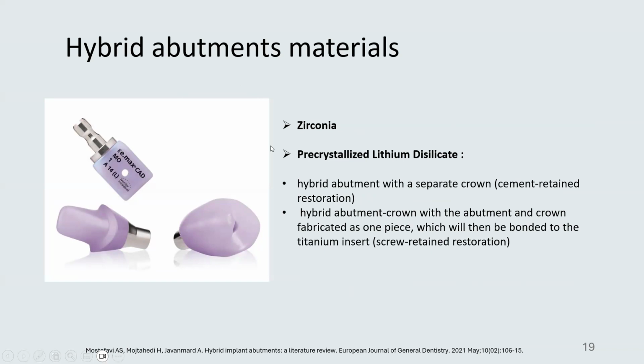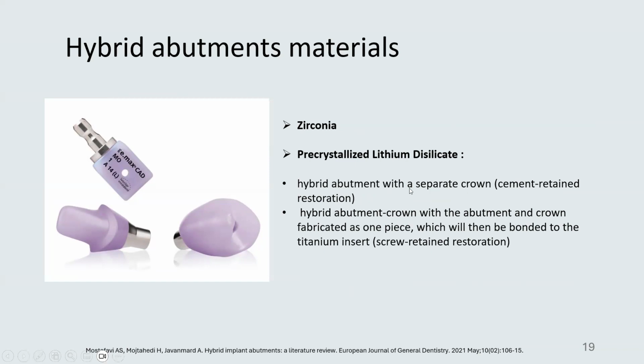Materials that can be used to fabricate hybrid abutments are zirconia and precrystallized lithium disilicate. As you can see here, we have a perforation in the CAD/CAM block to represent the connection between the mesostructure and the insert.